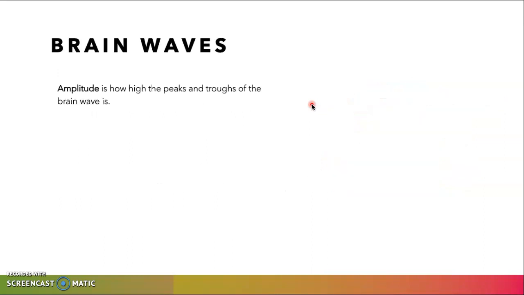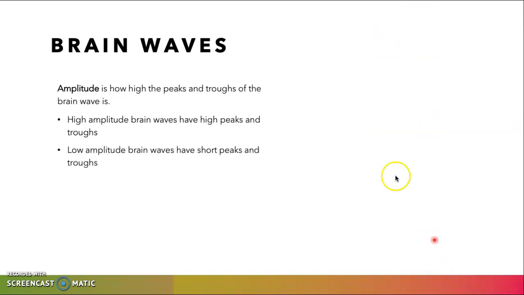What are these things? Well, amplitude is how high the peaks and troughs of the brainwave is. So a high amplitude brainwave has high peaks and troughs. It's going right up and right down, right up and right down. A low amplitude brainwave would have short peaks and troughs. It goes up and down, just small amounts.